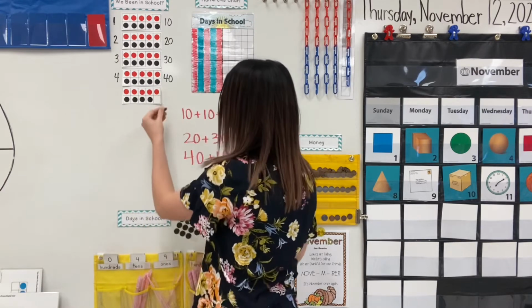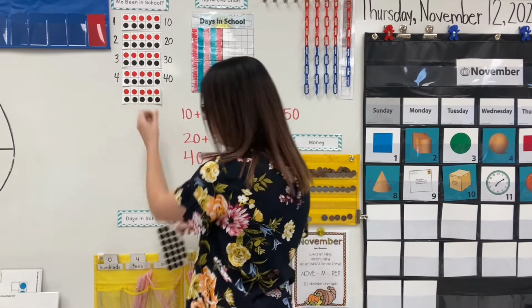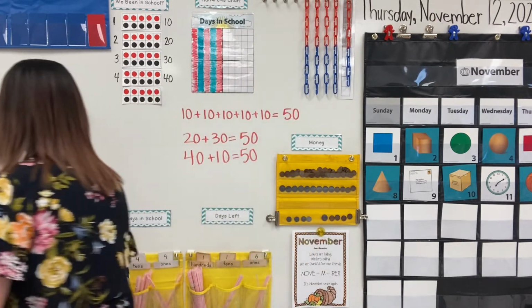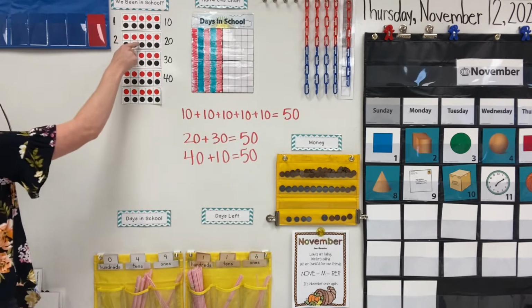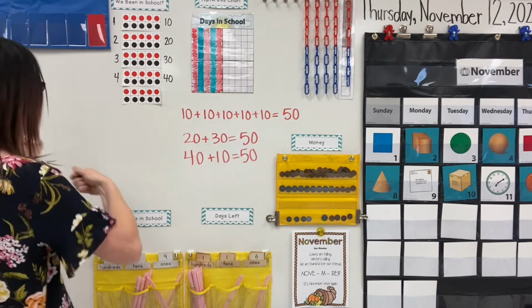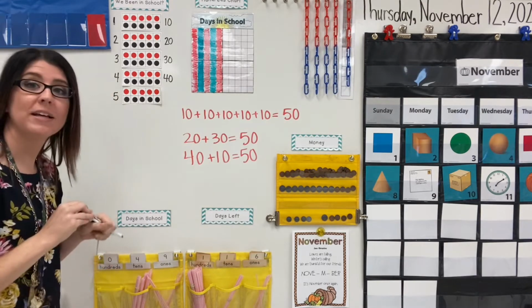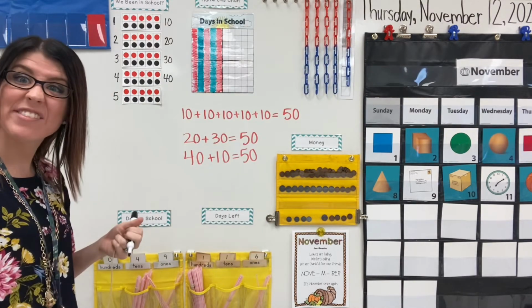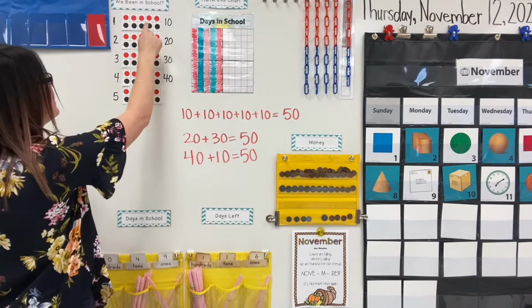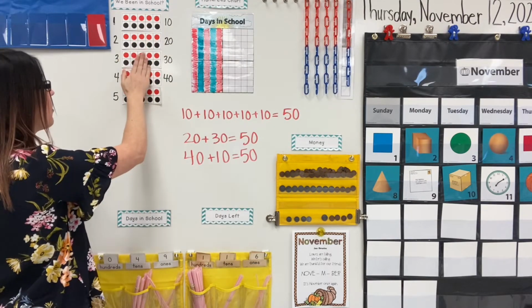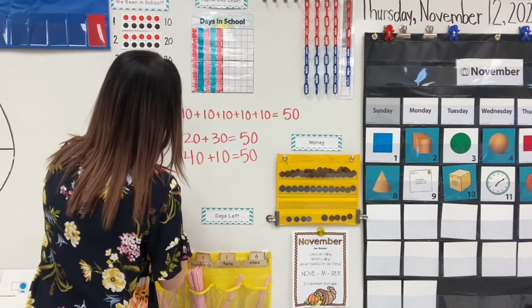So now take a look at our 10 frames. How many full 10 frames do you see? 1, 2, 3, 4, 5 full 10 frames. Now each 10 frame has how much? 10, so let's try counting by 10s. 10, 20, 30, 40, 50.